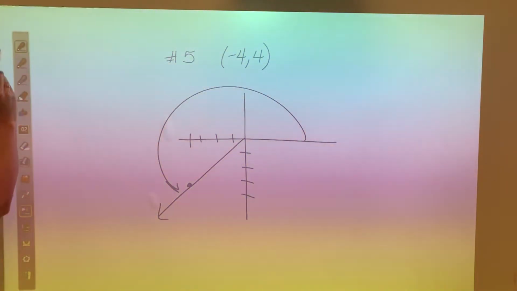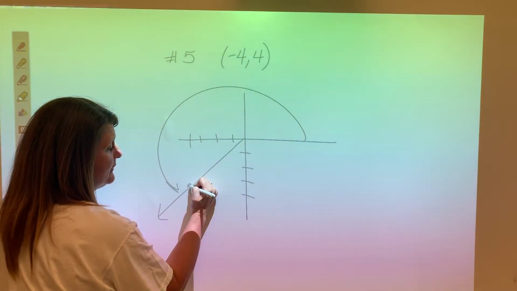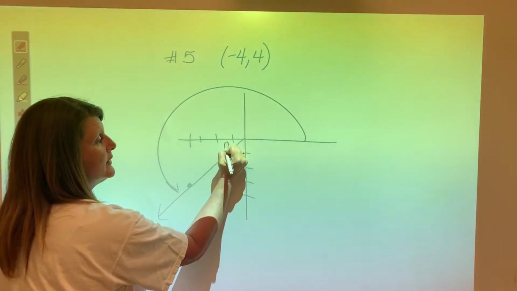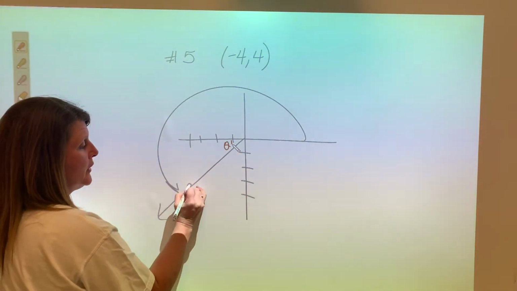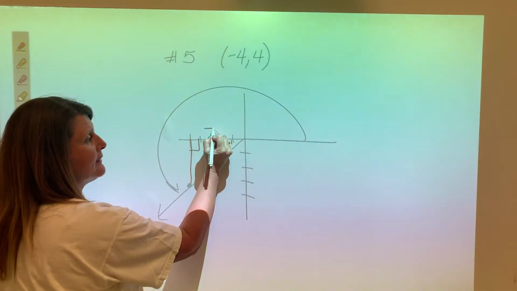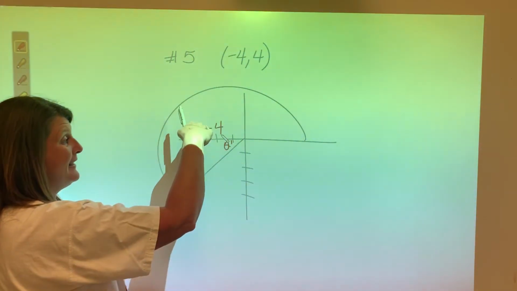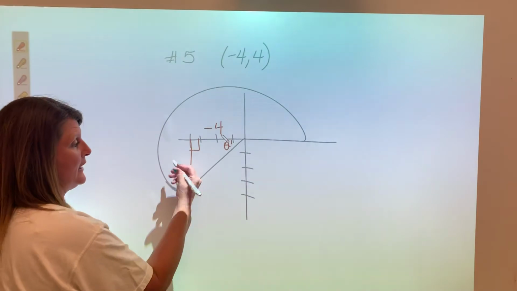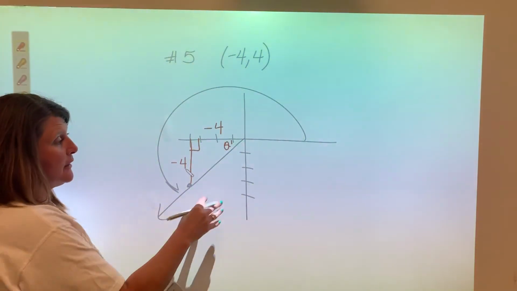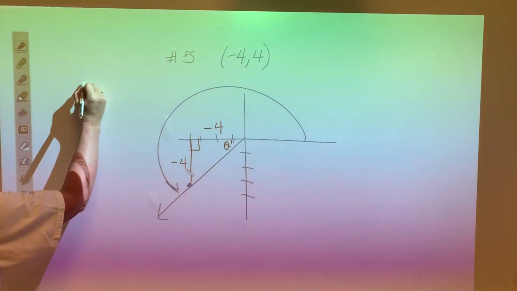But the reason that they give you this point is so you can basically know the sides of your triangle. And here's what I mean by that. This is your reference angle. You're going to drop a perpendicular, but you're going to know this guy has a length of negative 4. And why did I say negative 4? Because I went left. This length has a length of negative 4. And how did I know that? Because I went down, okay? So if you want to know what your hypotenuse is, it's Pythagorean's theorem, okay?